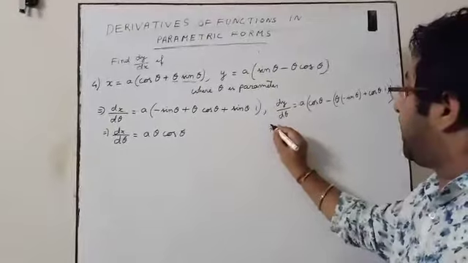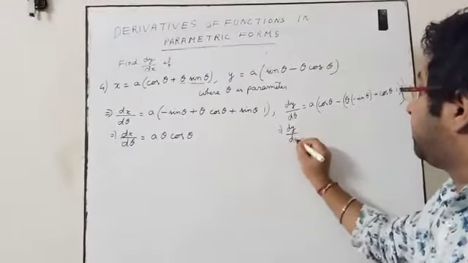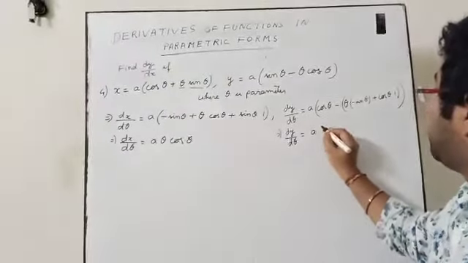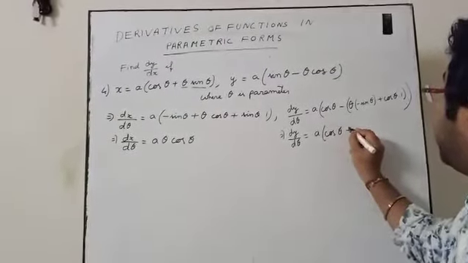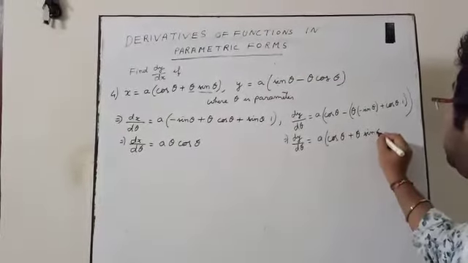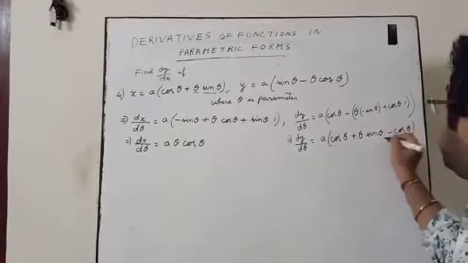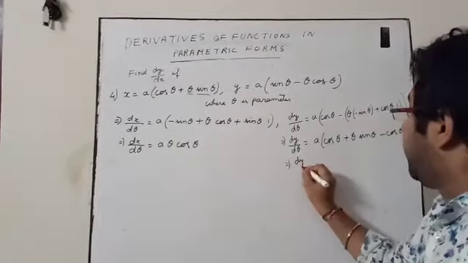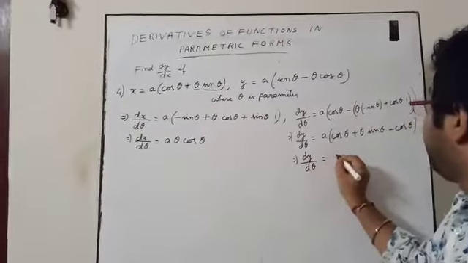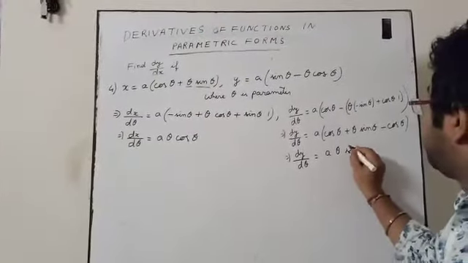So you will get dy by d theta equal to a cos theta plus theta sin theta minus cos theta. So cos theta cancels, and you get dy by d theta as a theta sin theta.